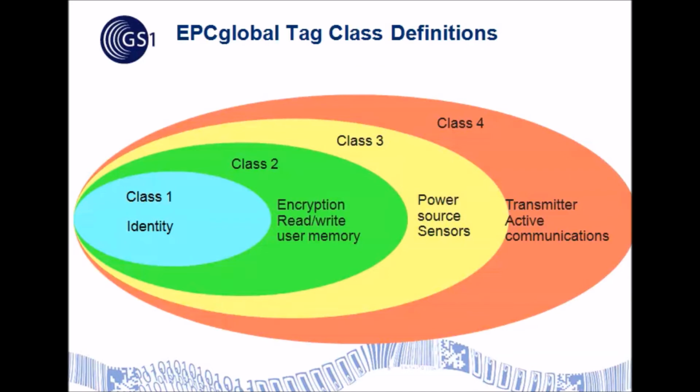The Class 1 RFID tag only contains an EPC number to identify the trade item, object, or product, and the tag ID to identify the tag. So, Class 1 indicates an RFID tag with only EPC tag ID numbers for the identity purpose.